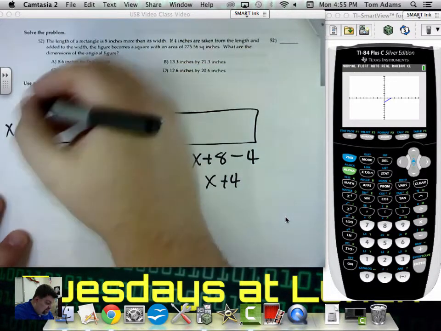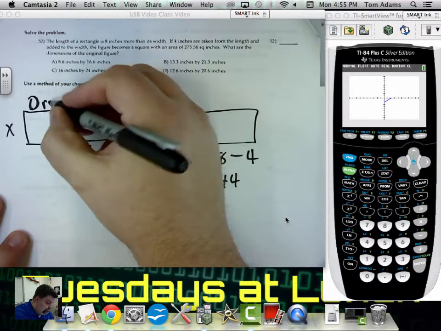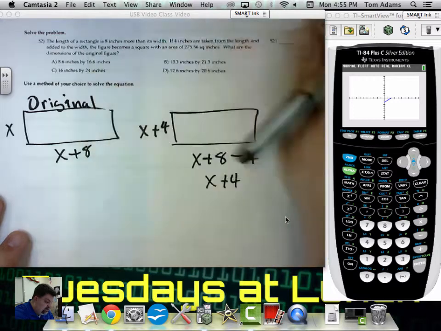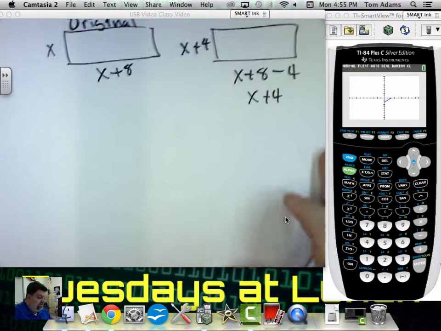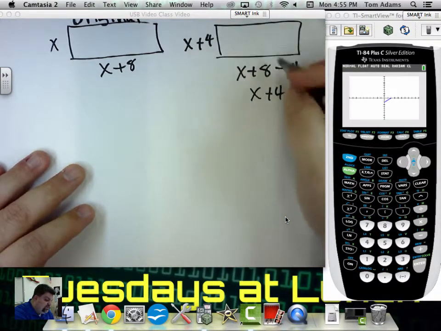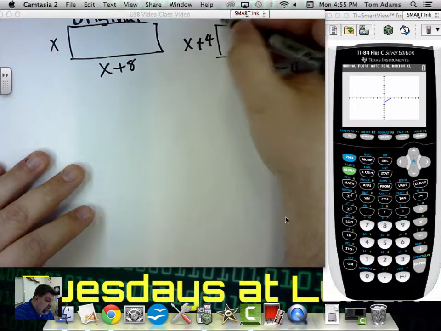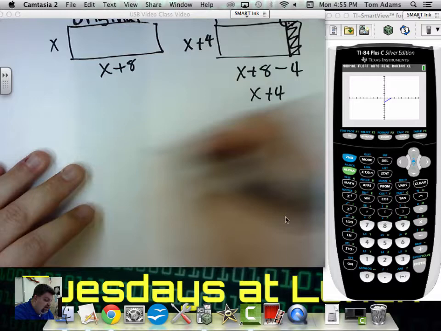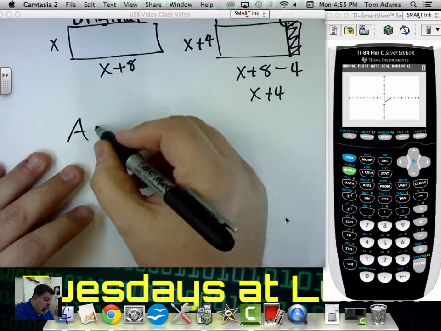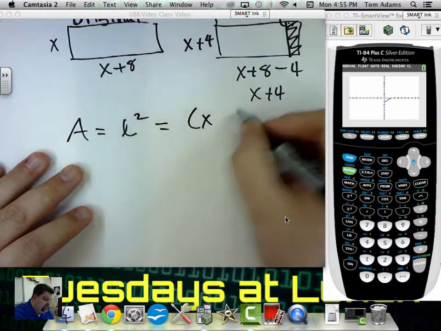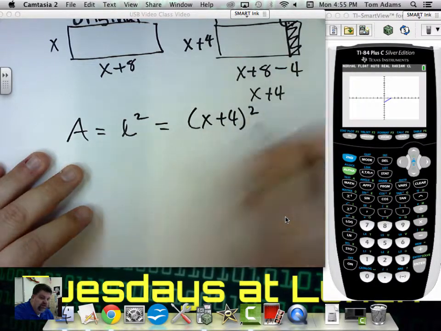Okay, so this is the original figure. And what they tell us is that this becomes a square because we take away 4 here and add 4 here, and the area of the square, which is equal to L squared, is equal to (x plus 4) squared.